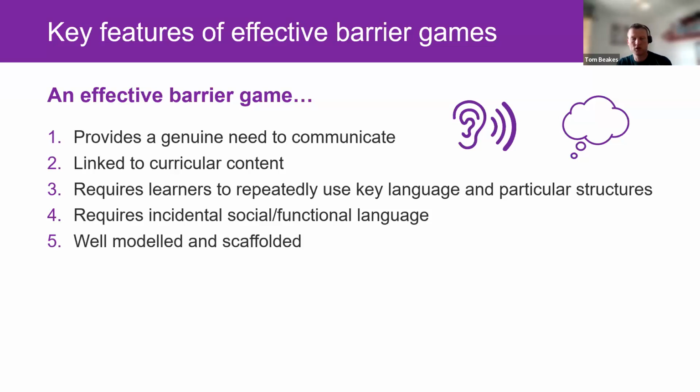It should be well modeled and appropriately scaffolded, so students are provided with the language needed to succeed in the task, as well as the content knowledge. Ideally, we want it to be adaptable, reusable and low preparation. So again, we need to be a bit strategic about what we turn into a barrier game and what we don't.